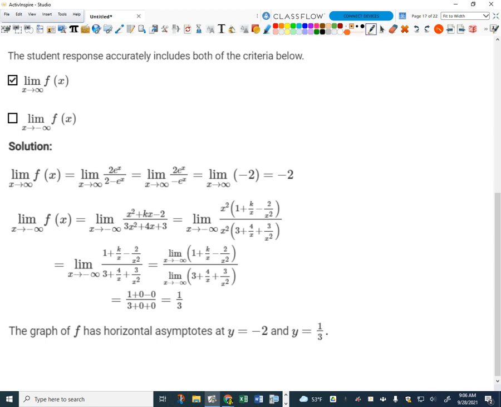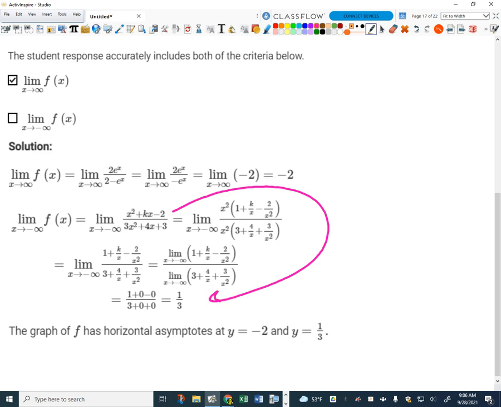I would jump from here right down to there. And the reason is because of what I just said, just write that out literally. The limit as x approaches negative infinity of a rational function where the top and bottom have the same degree polynomials is the ratio of the leading coefficients, right? That's it, okay? That's a lot of writing to do. I mean, we went through those steps last year at one point, but you don't really have to do them.